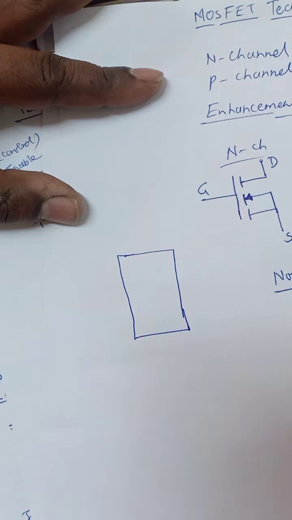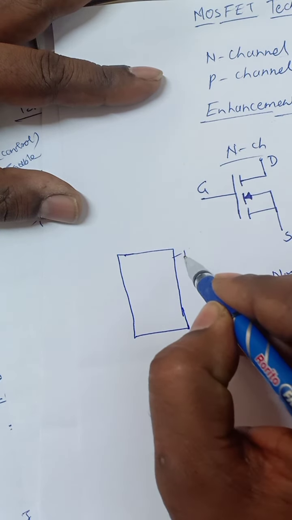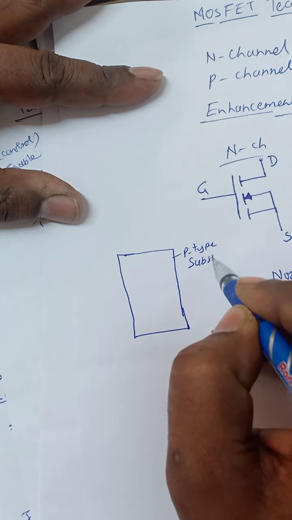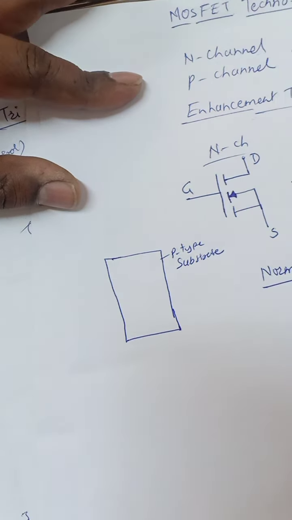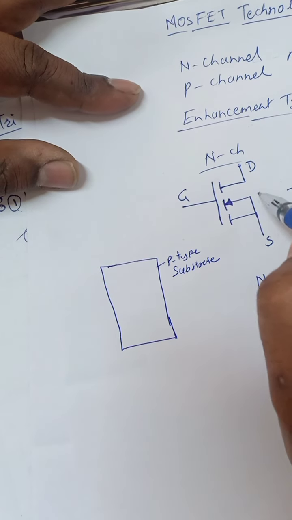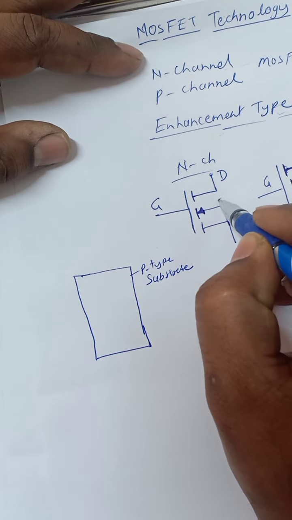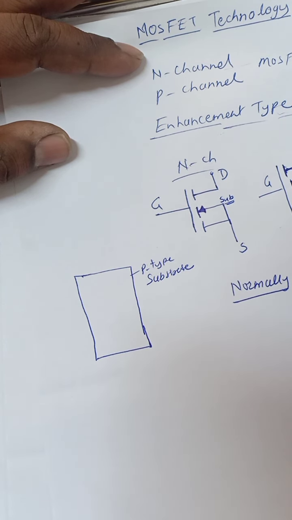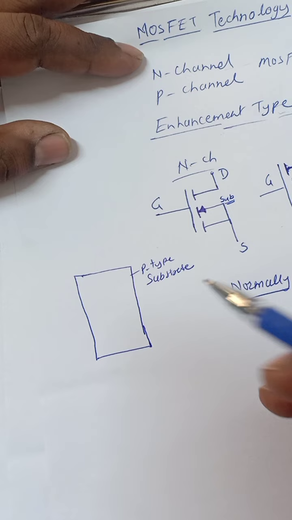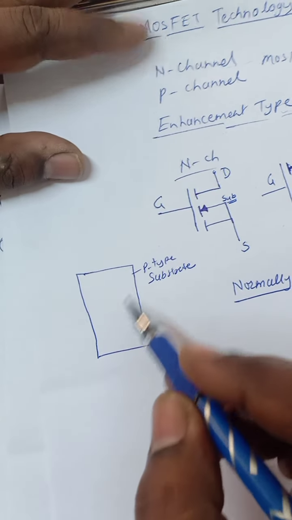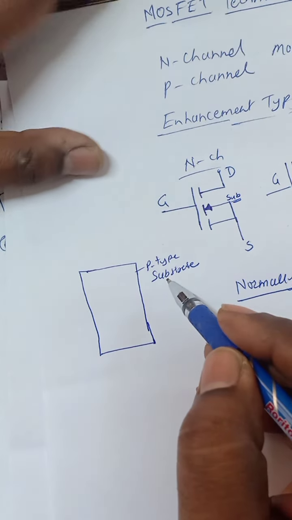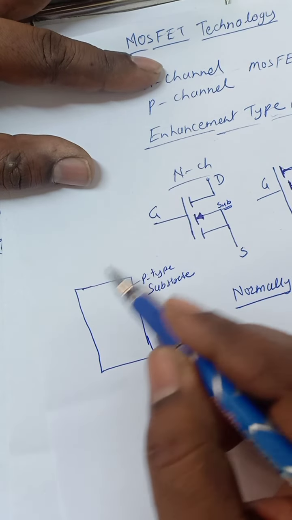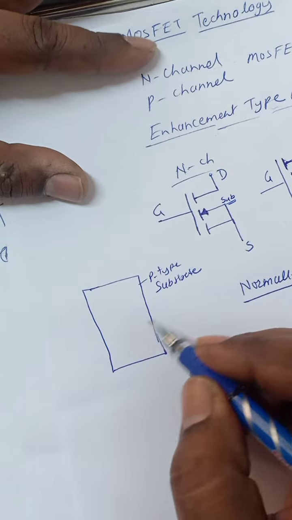This is a P type substrate, also known as the substrate. This is the source. For N channel we require a P type substrate; for P channel we require an N type substrate, which is a lightly doped semiconductor.